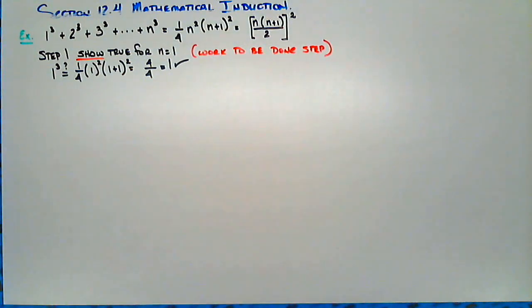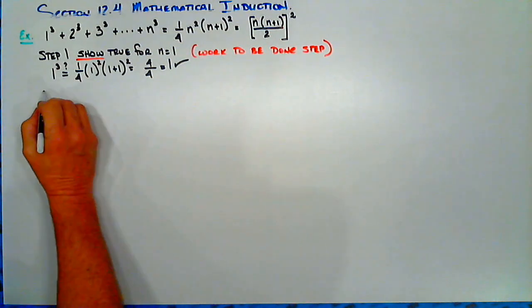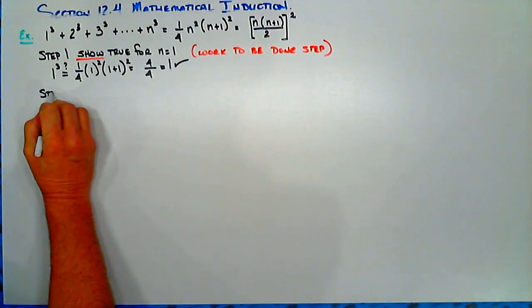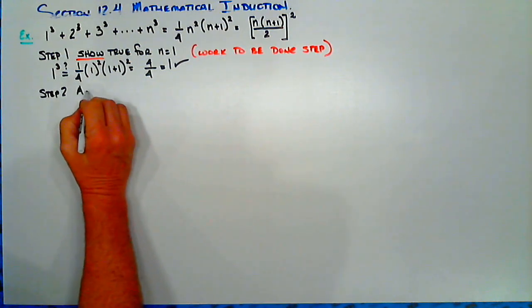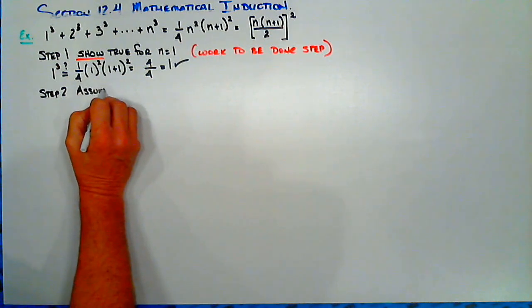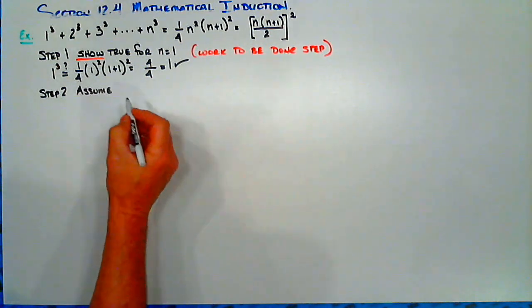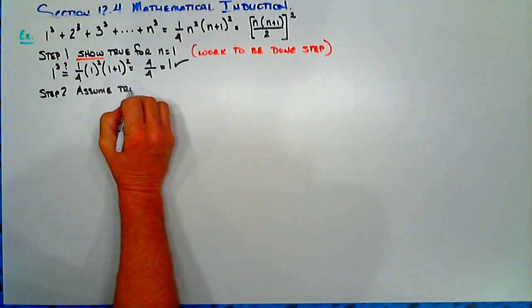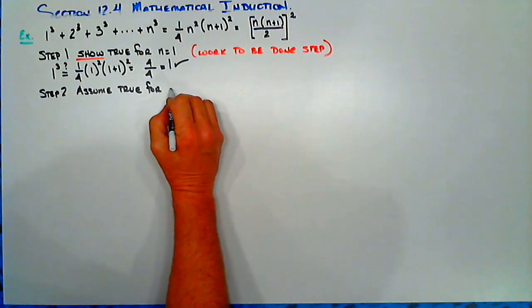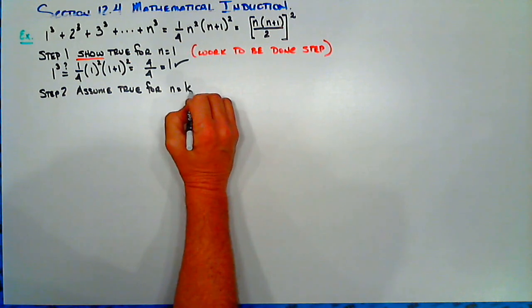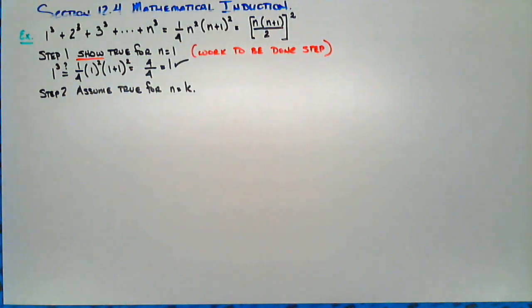It's a work to be done step. What about step 2? Well, now remember, step 2, we don't have any work, right? We just write it out. Step 2, assume the statement is true for n is equal to some integer k, right?